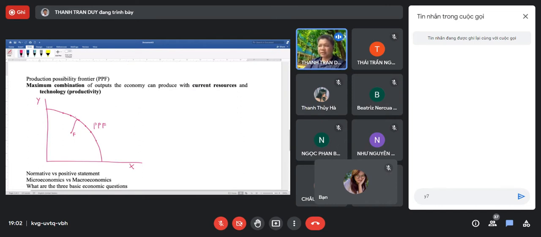And every point on this curve, if I want to move from F to A here, it's easy.